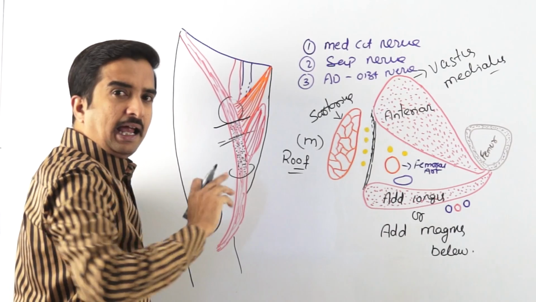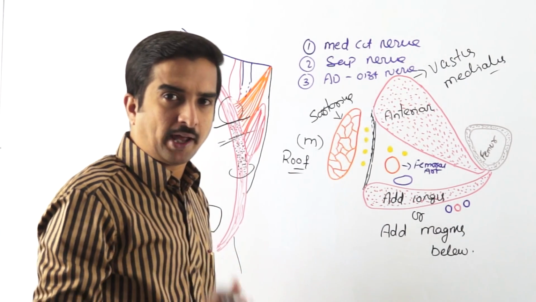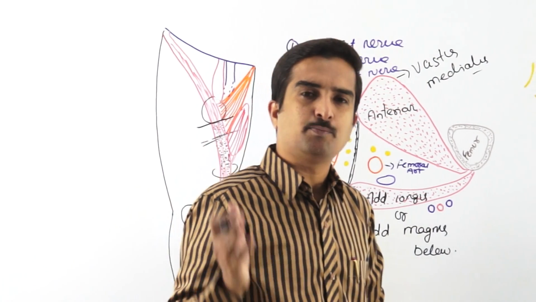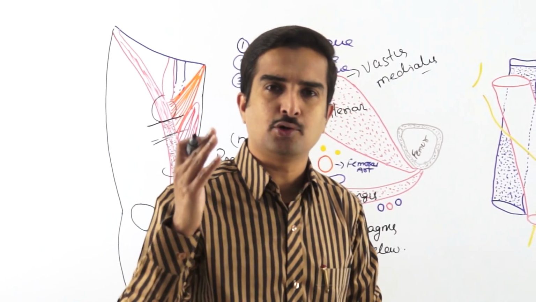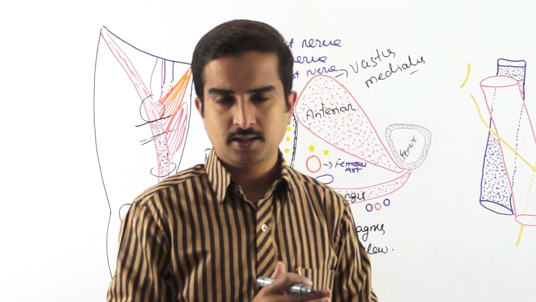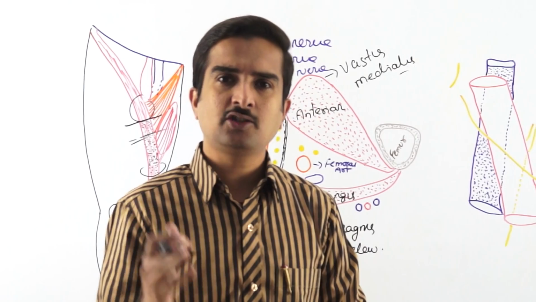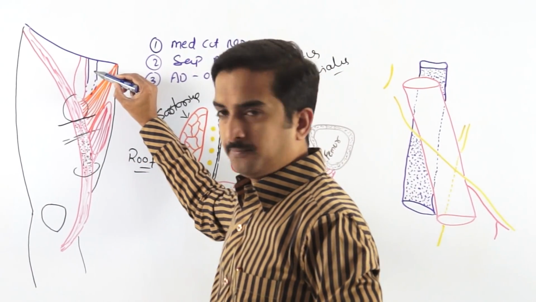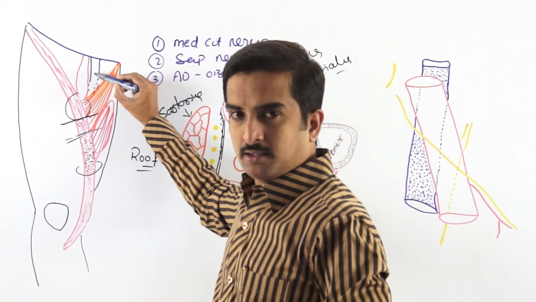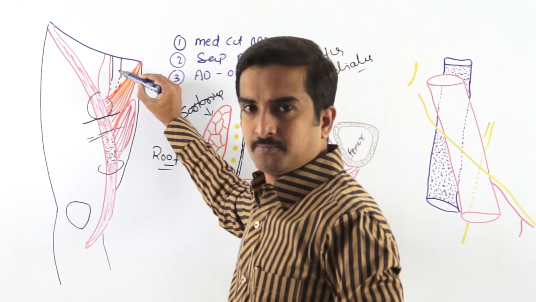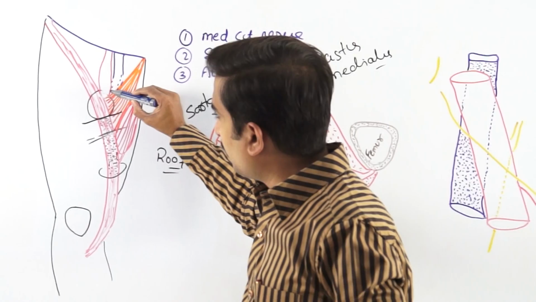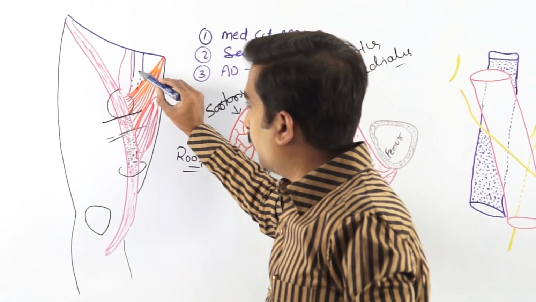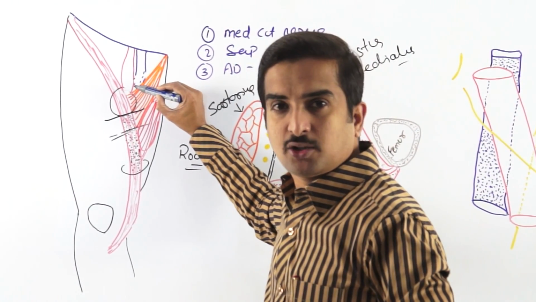Which means at the apex of the femoral triangle, the femoral vein is posteromedial or posterior to the artery. Okay, generally we can say it is posterior to the artery. In the upper part of the triangle, the femoral vein is medial to the artery, but by the time it reaches the apex, the vein runs posterior to the artery.